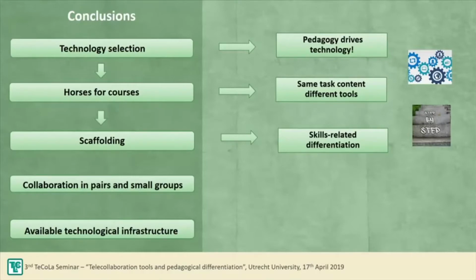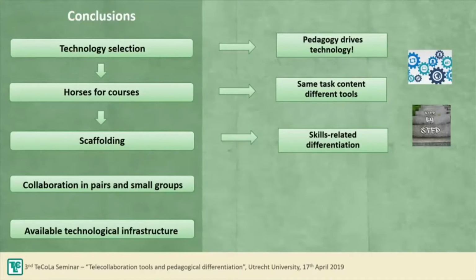This again accounts for scaffolding, makes it possible to scaffold things according to skills. So speaking, writing, maybe first a little bit of writing to be safe, speaking in a safer environment, and then in a more open environment.